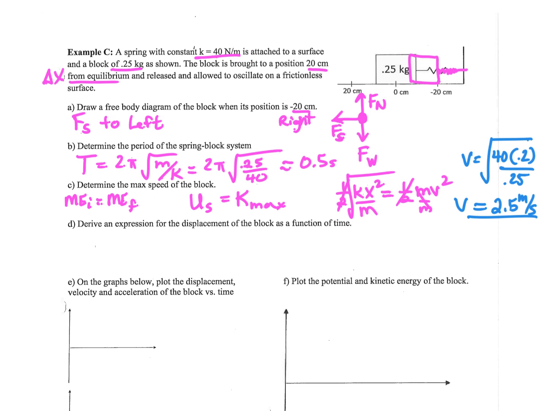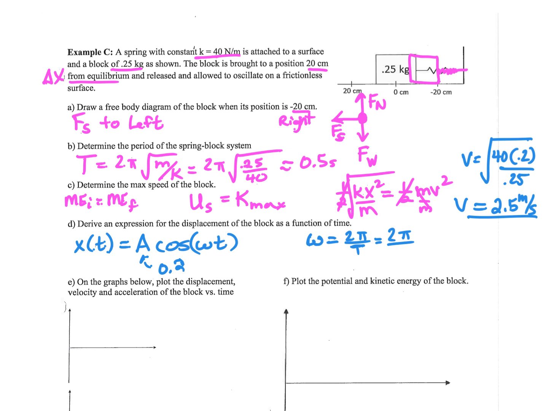Well, remember, the displacement of the block is going to be x of t equals A cosine omega t. We don't have to worry about phase shift at this point. We know what A is. A is the amplitude, which would be 0.2. And we know omega over here is going to be equal to what? Remember, we said that was 2 pi over the period, and we said the period was 0.5.